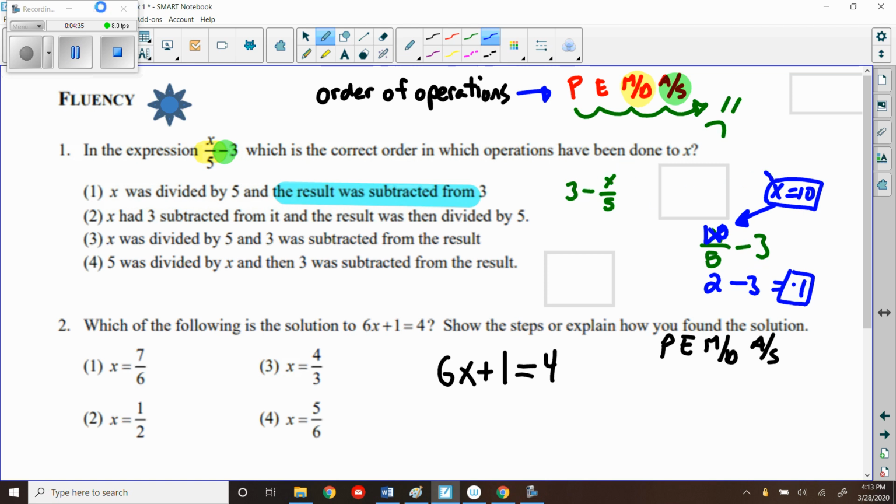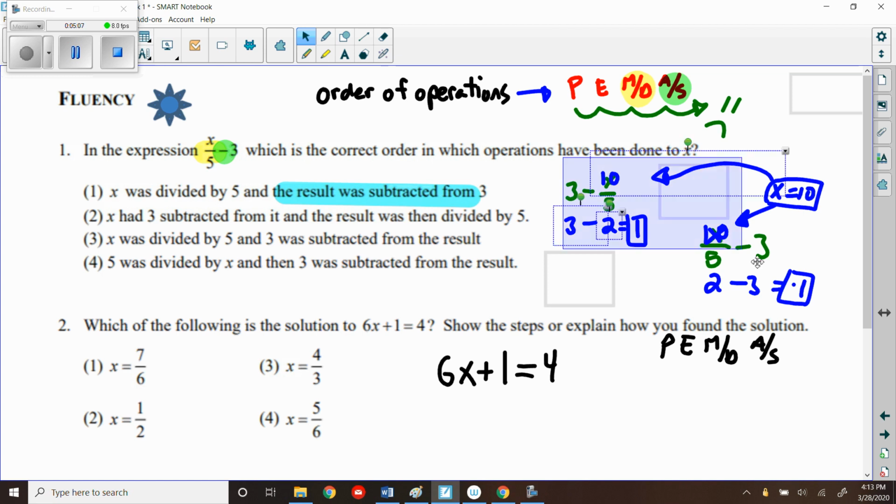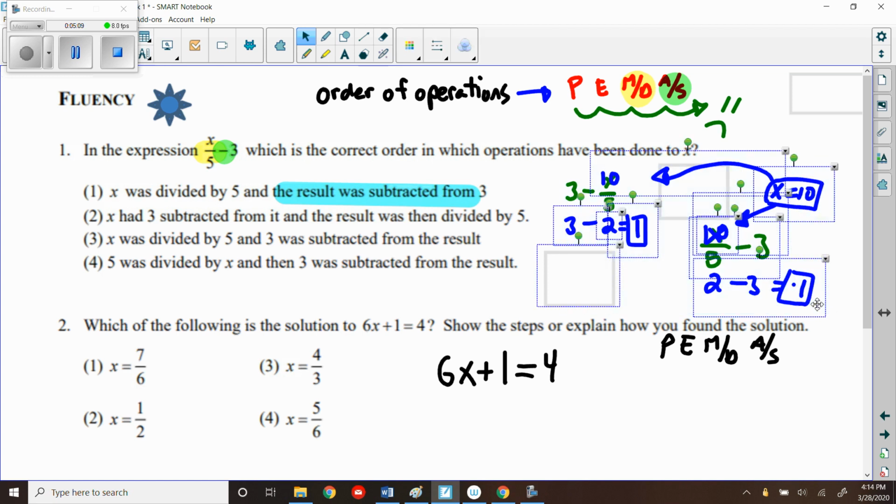However, if I take the exact same value of x and I substitute it in, order of operations tells me to multiply first. 10 divided by 5 is 2, and 3 minus 2 equals 1. We can clearly see that this answer did not supply us with the same result as this answer. Therefore, this idea of switching around the 3 and the expression x divided by 5 is not going to work for us.